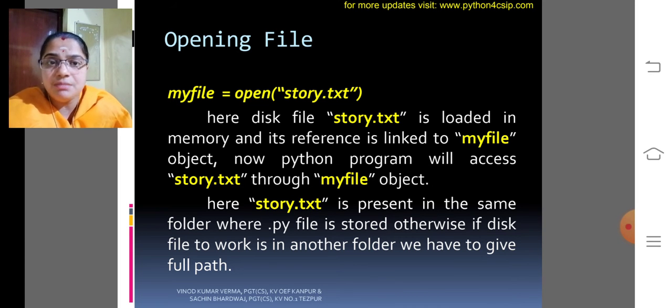If you are storing this file in some other location, we need to provide the full path for the file. It will be easy if you are opening a file which is stored in the same folder which has the .py files. Otherwise, you need to give the full path.